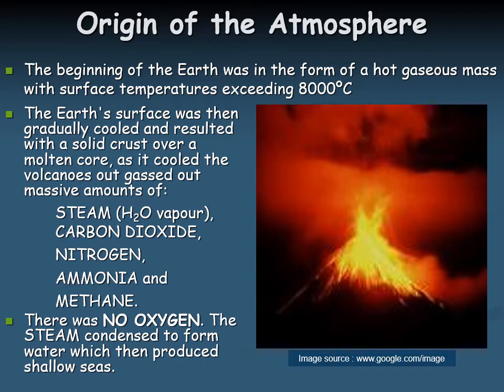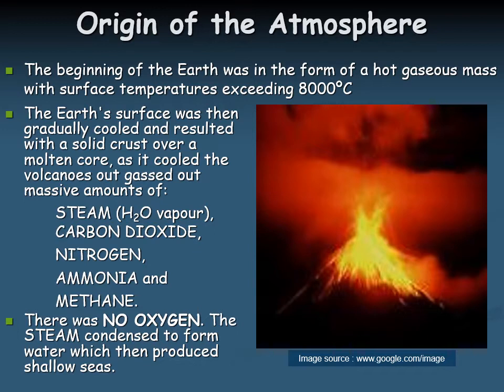Basically, Earth was a globular gaseous mass which had a temperature of around 8,000 degrees centigrade or even more. And through time, this gaseous mass gradually cooled down and formed the present day solid Earth, with its internal portion still in liquid condition.